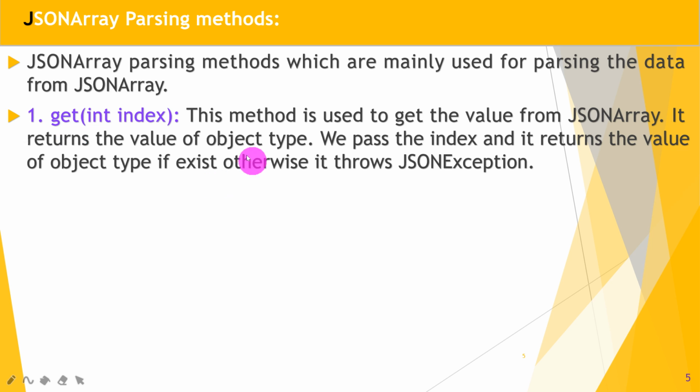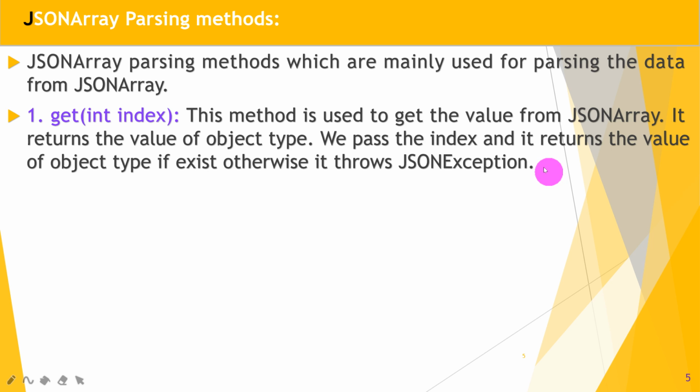So we pass the index, and whichever index we pass, the object type related to it is returned by the get method, if it exists. Great. Otherwise what? It throws the JSON exception instance or object.